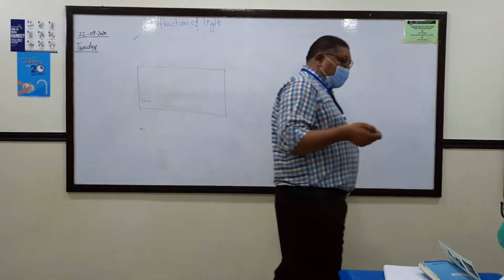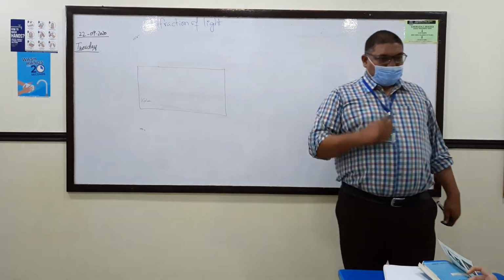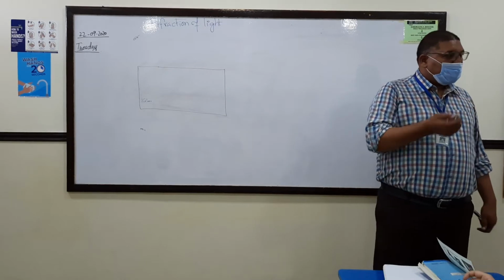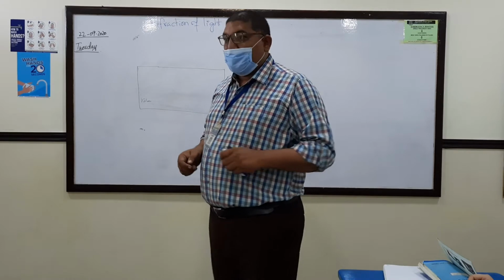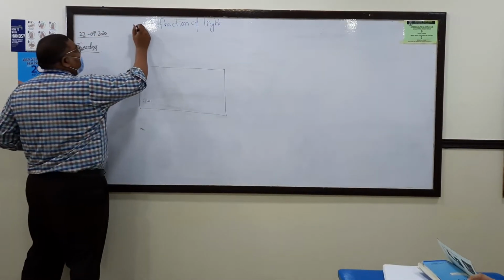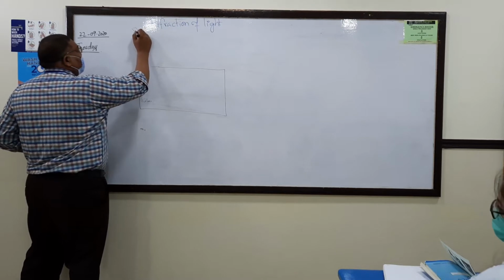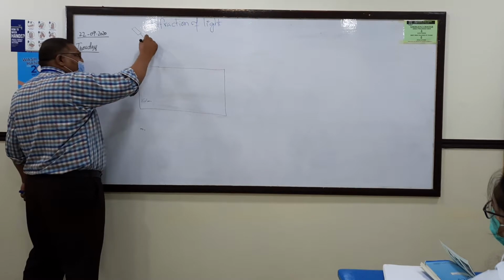Now, take a laser. You know laser? Take a torch or a laser and put it here. Put the torch or that laser here and direct the light of the laser here.